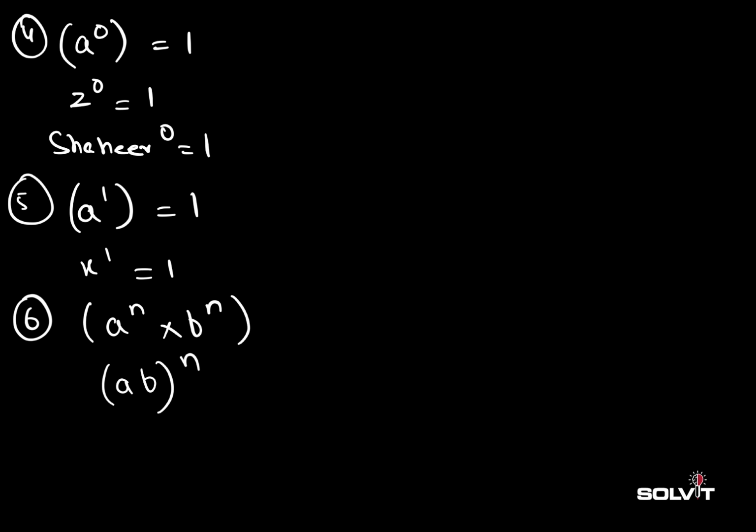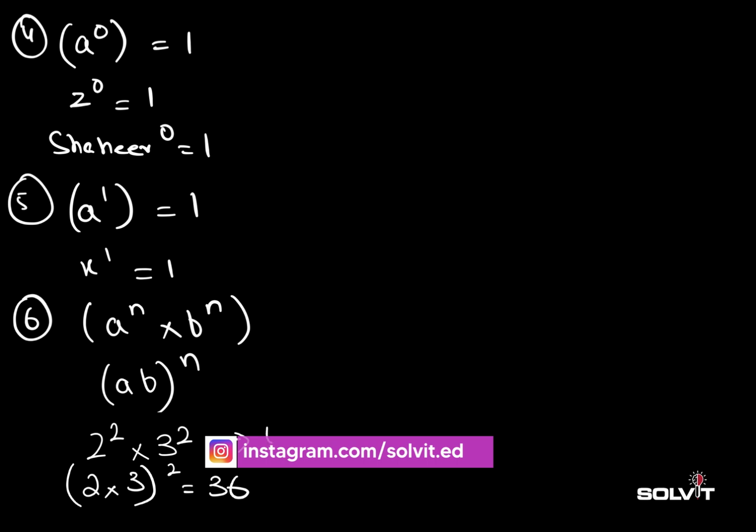So if it's given to us that 2 to the power of 2 and 3 to the power of 2, the bases are different, but still we can simplify it like this: 2 multiplied by 3 to the whole power of 2, that means 6 square, which is 36. And even if we solved it separately, it would have become 4 multiplied by 9, which is also equal to 36.